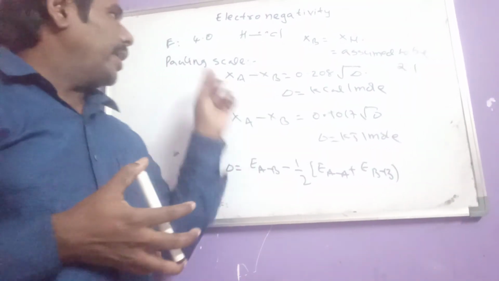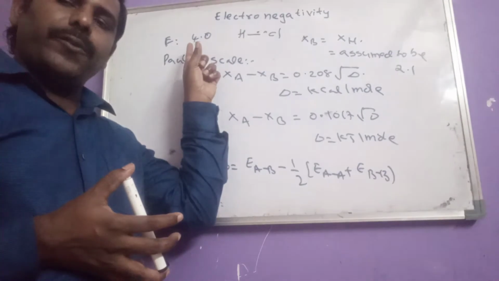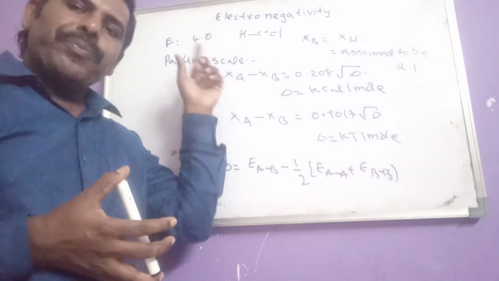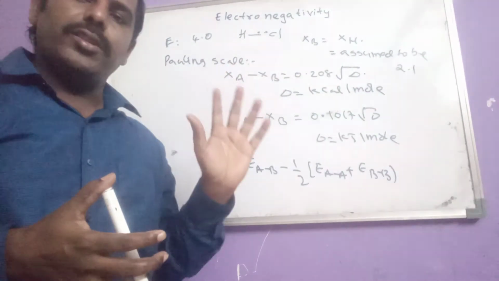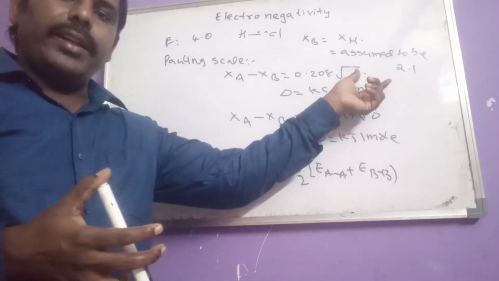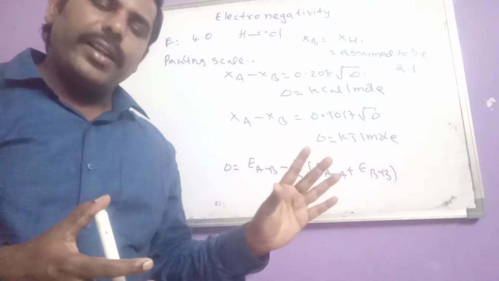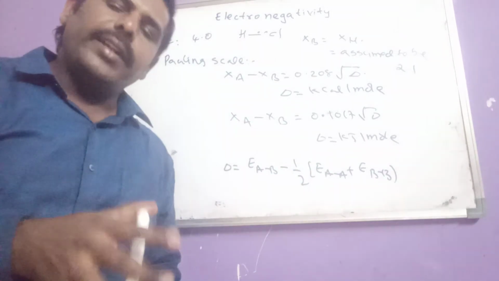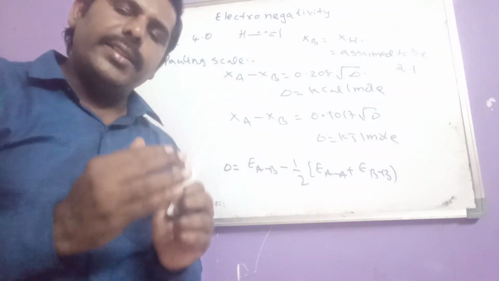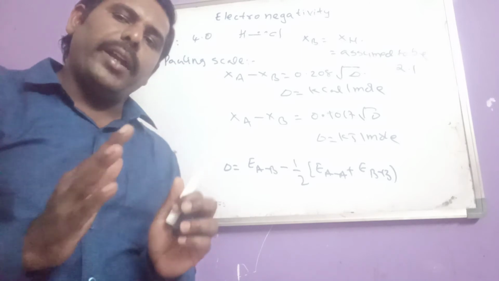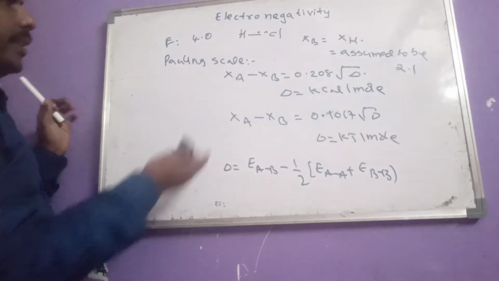So now the electronegativity value of fluorine is which one? 4. This is with respect to hydrogen, because hydrogen electronegativity is assumed to be 2.1, not an exactly determined value. So this is which one?